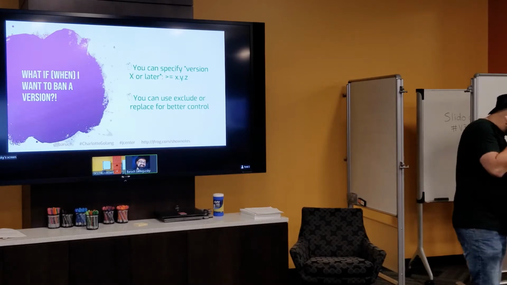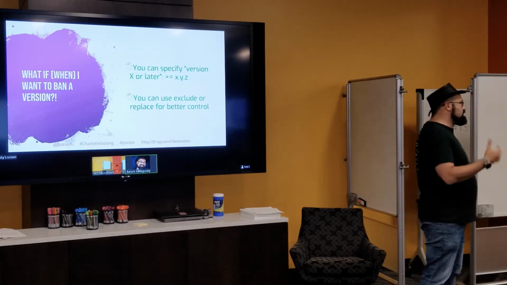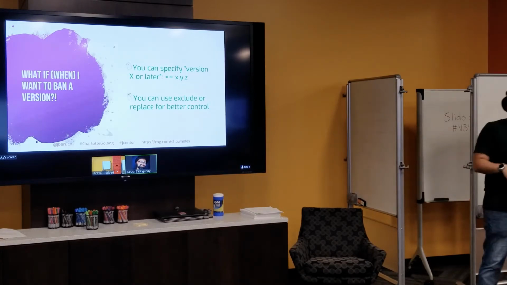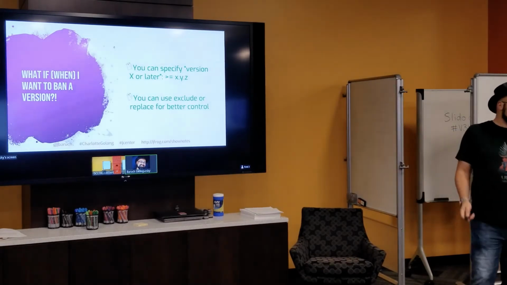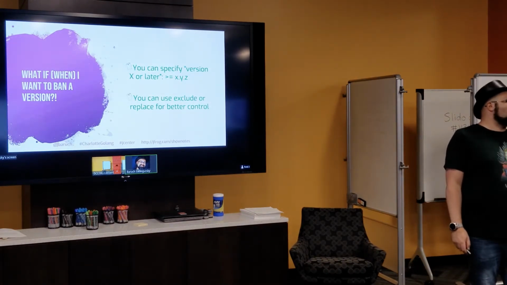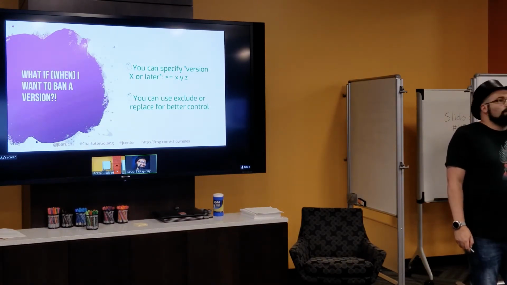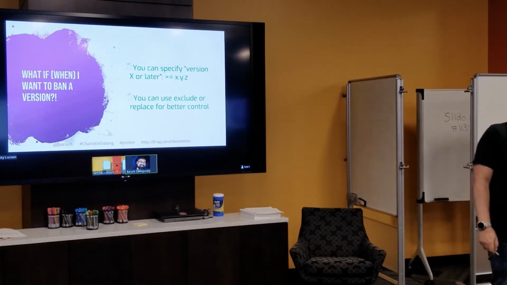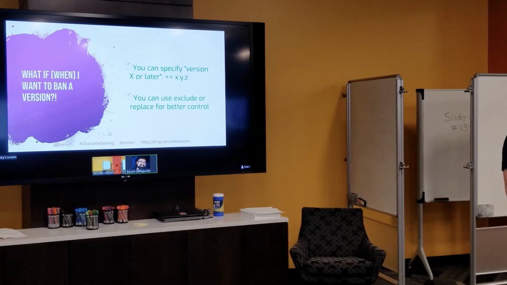You can also replace it with a local file that you have on your machine. And I encourage you to forget that this feature exists, because this is how works-on-my-machine problems are created. So those are the tools that you have in order to fight those broken semver promises.